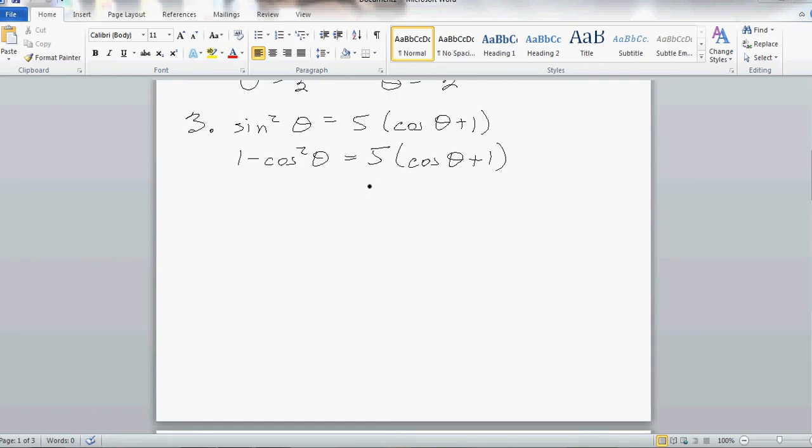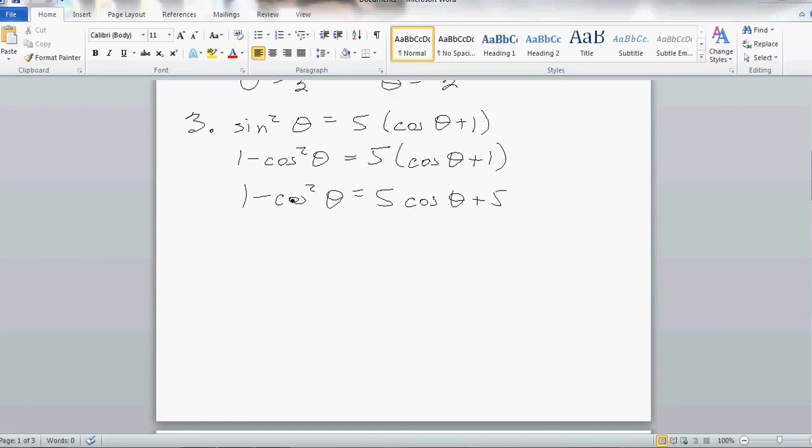And so where I would go from here is I would distribute the 5 so we would get 5 cosine of theta plus 5, and then I'd get everything to one side so that I get a quadratic, and then I can factor and solve from there.